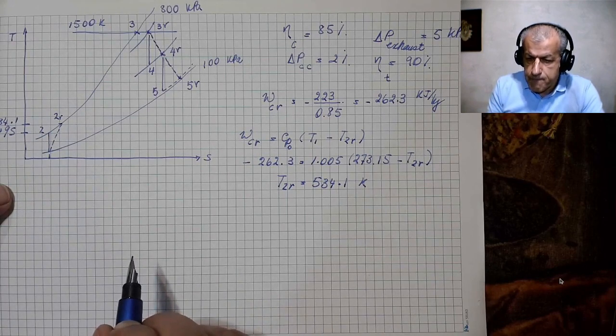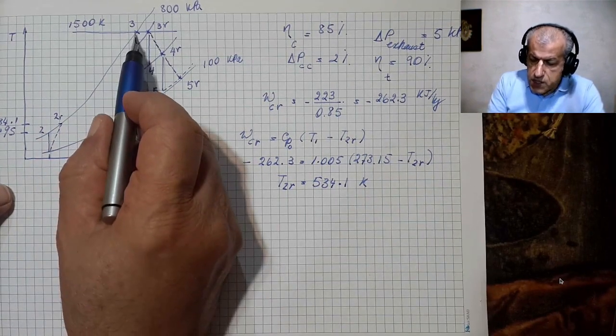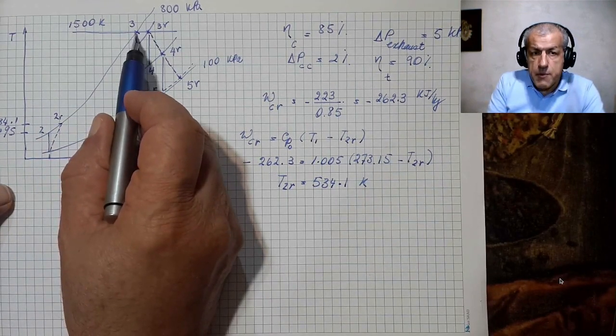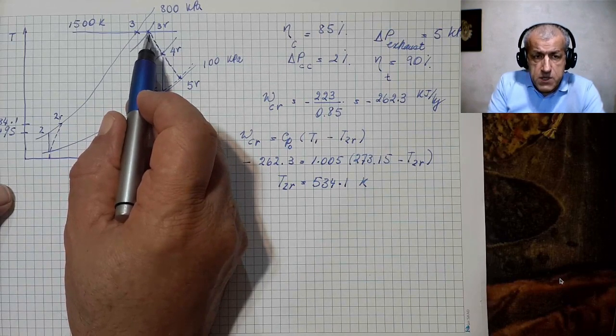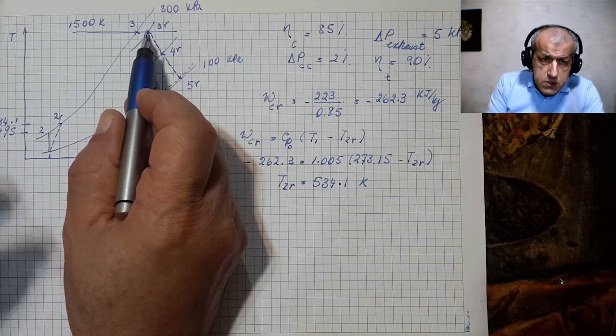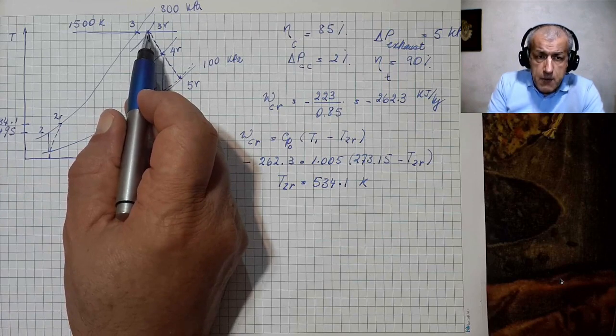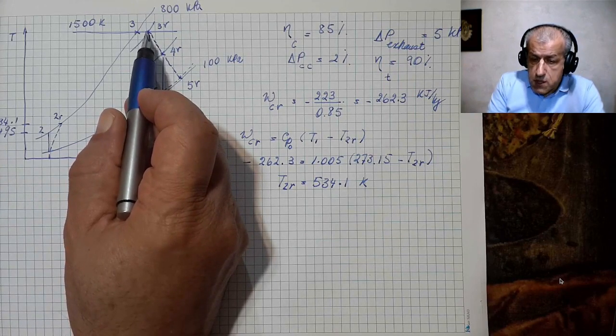Now, here, point 3, we know all the properties, but for point 3R, what happens for point 3R? The temperature is still 1500 kelvins because you would add so much heat that the turbine blades could bear, but the pressure would be different.